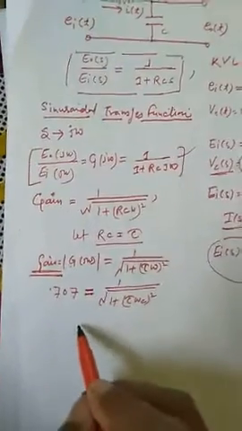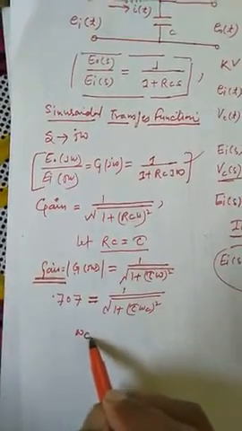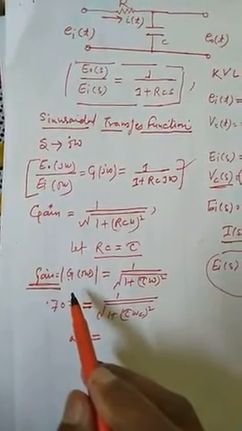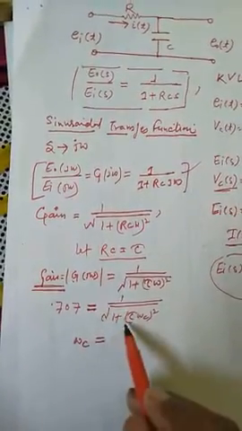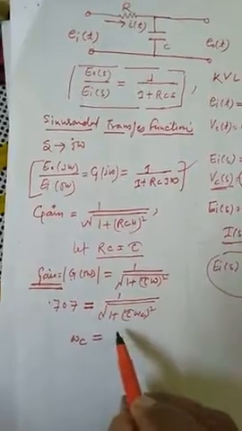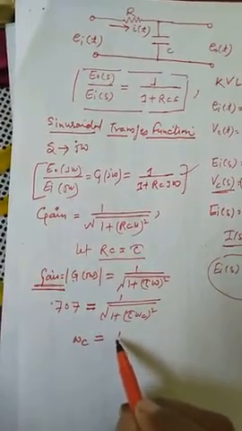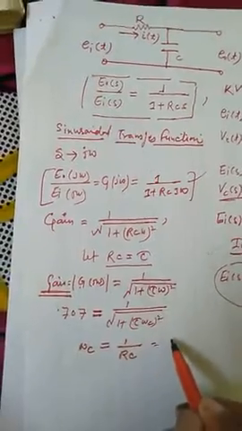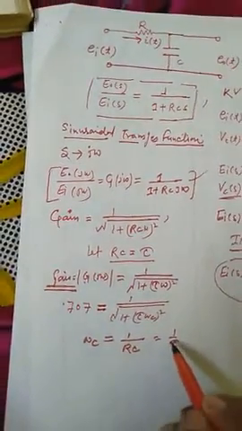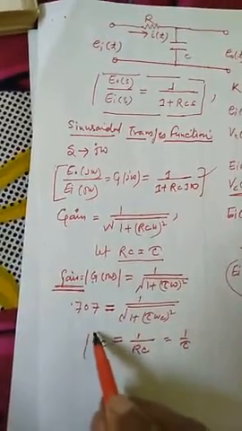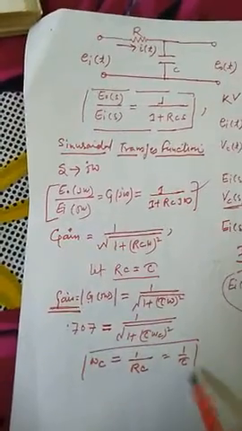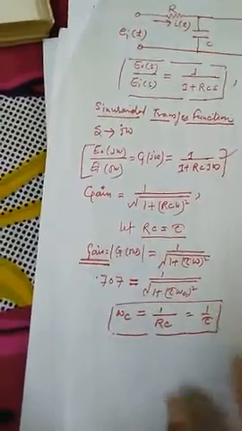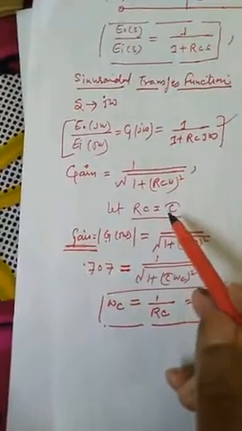When we solve this equation, we get omega c equal to 1 upon RC, that is 1 upon tau. Already we have this relationship at this point.